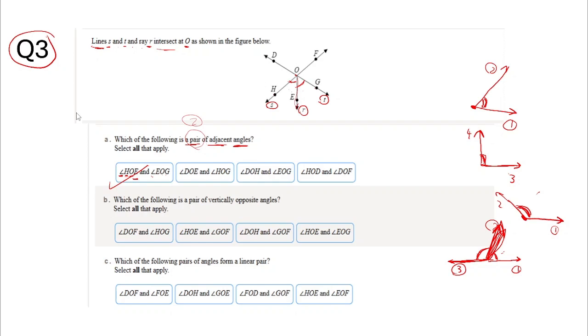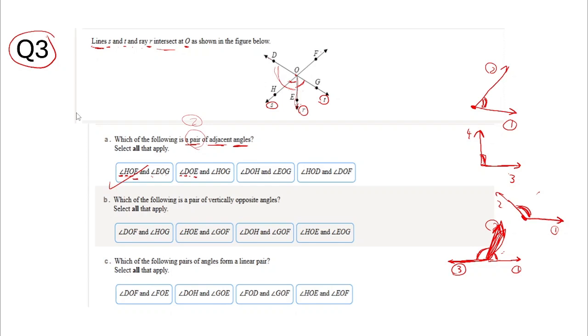Okay, so let's see number 2. Angle DOE, this is the angle DOE.